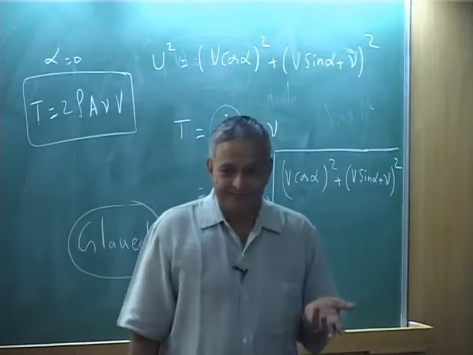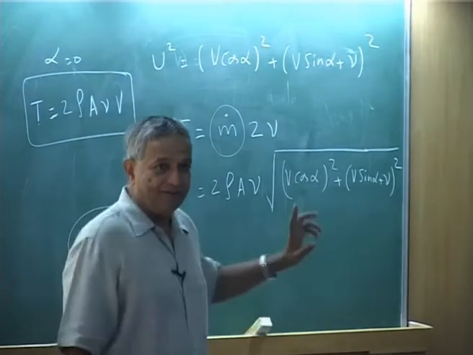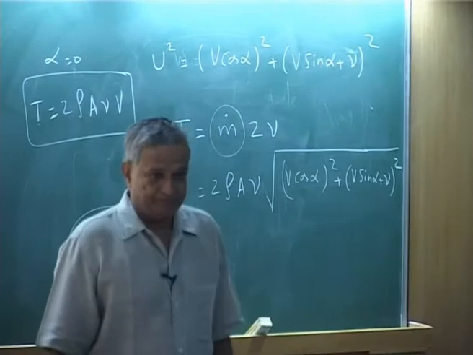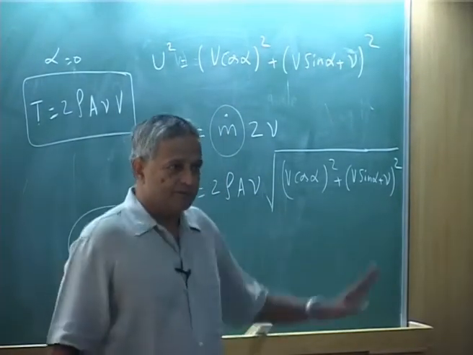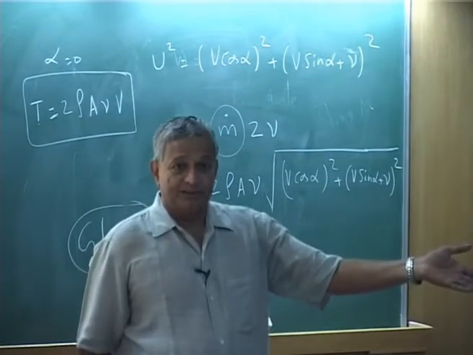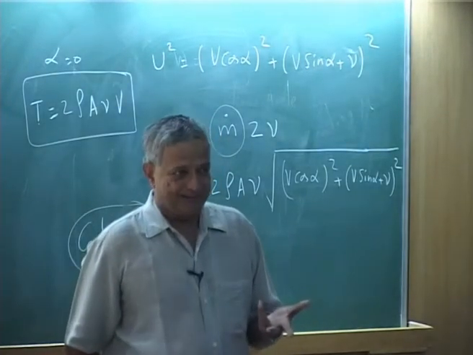This is same as hover, when alpha is 90 or in hover V is 0. That comes like hover theory, it does not make sense, okay.